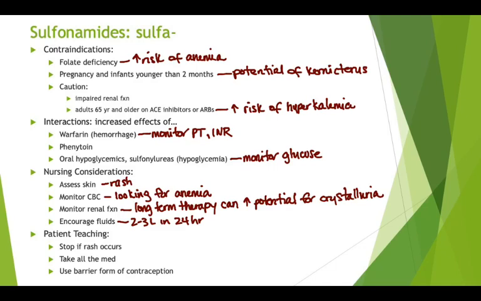Sulfa drugs will interact, meaning that they will increase the effects of specific other medications, warfarin being one of them. It can cause hemorrhage when they're on warfarin and taking a sulfa drug. So these patients need to be monitored for their PT and INR levels.